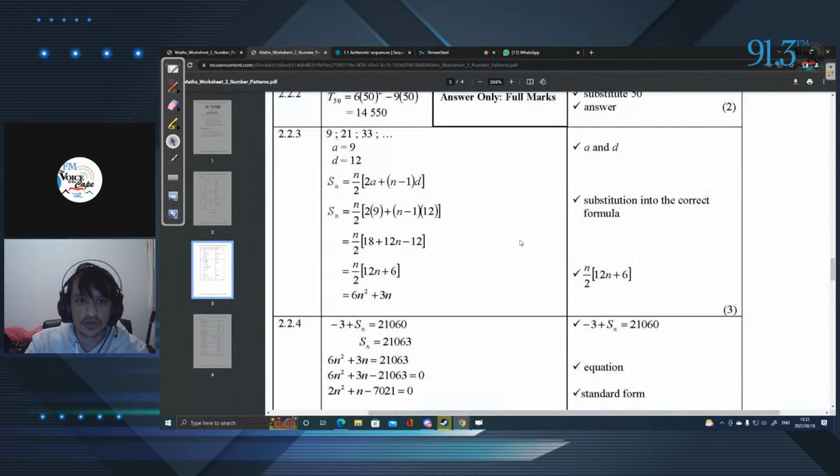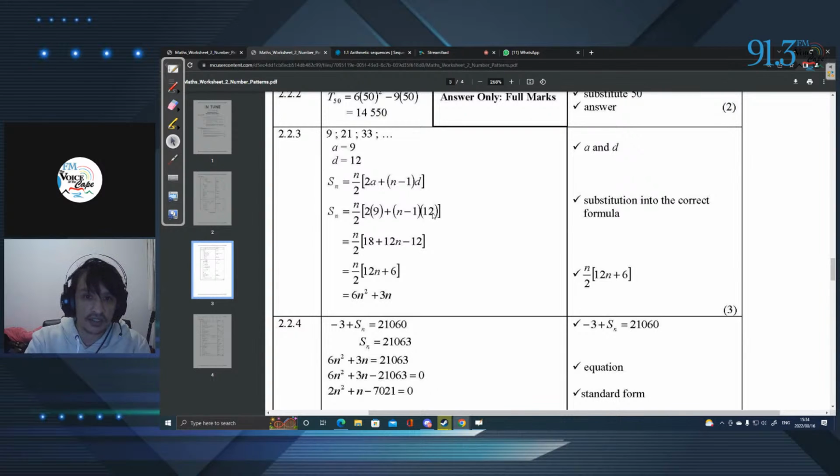All we'll do is substitute the value of a, which is 9, the first term in the difference sequence that we found. We substitute it here into a, plus n minus 1. Now, we don't place any value into n because we're trying to find the general formula which represents the sum of that sequence of the differences, right? Because we want it to the nth term.